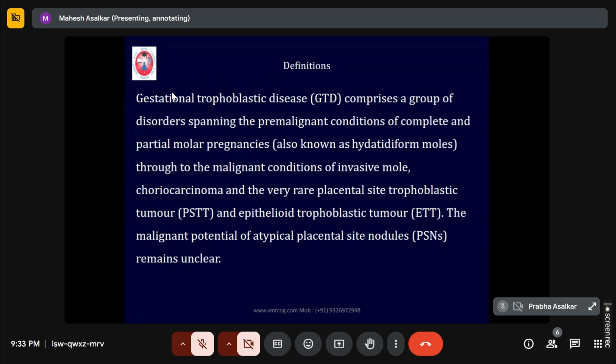What does it comprise? Complete molar, partial molar, then malignant conditions of invasive mole, choriocarcinoma, and placental site trophoblastic tumor, that is PSTT and ETT. The malignant potential of atypical placental site nodule, PSN, remains unclear. So for PSN it is unclear.